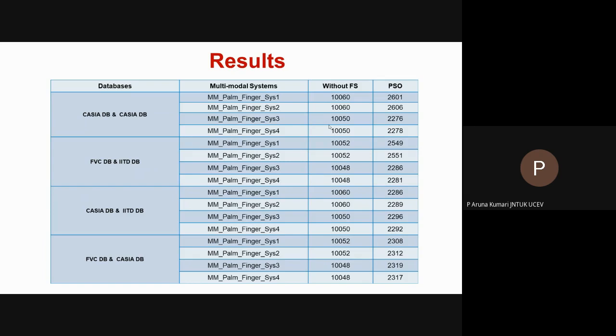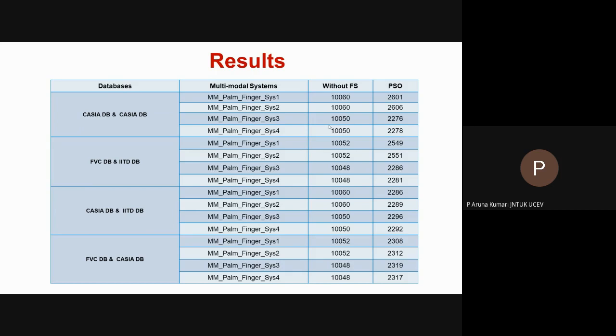These are some examples where you have combined palm and finger. We have collected different databases for the palm print and fingerprint, and applied different algorithms to extract features from them.